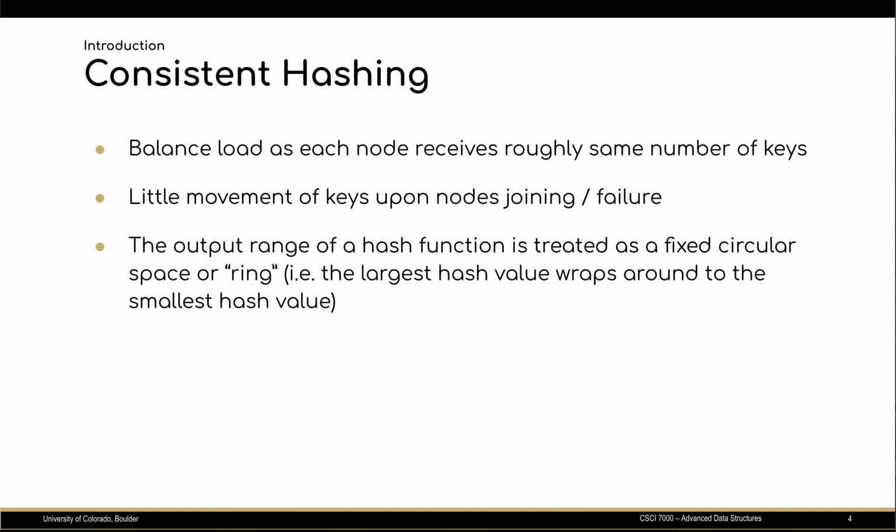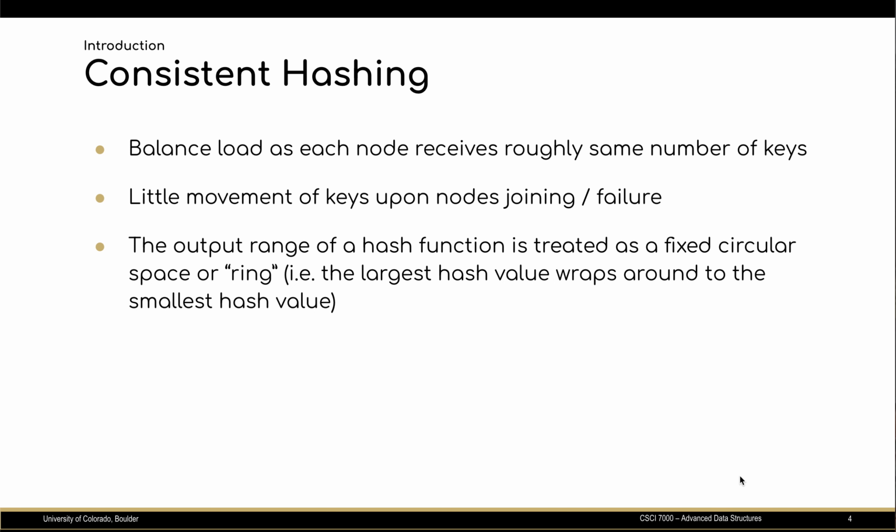The key idea about consistent hashing is each node is responsible for storing keys only in a certain range. So any node failure or joining does not cause disruption in other parts of the cluster. That's very important. And I'll expand on this idea a bit more when I show how Chord uses consistent hashing to map a key onto a node in a Chord ring, which is nothing but a circular ring.